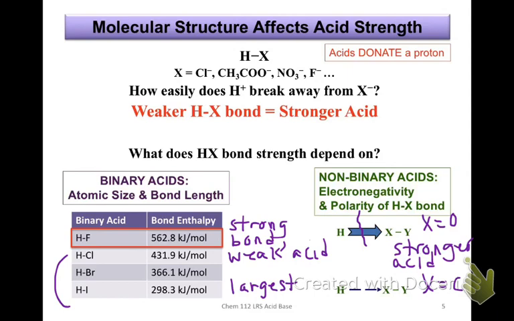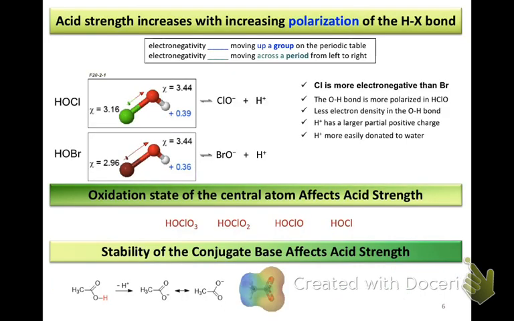It's going to be difficult to break those in solution. So it all is going to depend on the electronegativity of that element there. The trend could be summarized here. Acid strength is going to increase the more polarized that bond is to the proton.